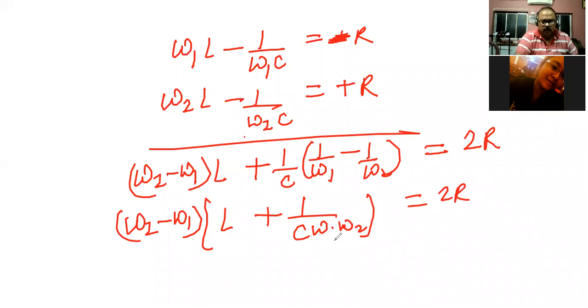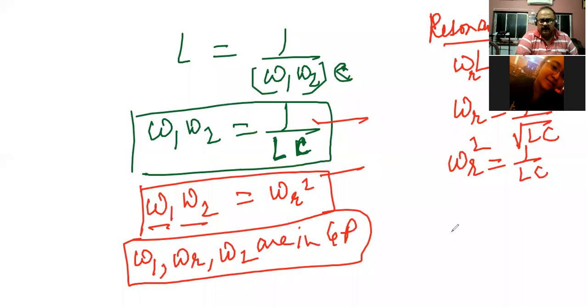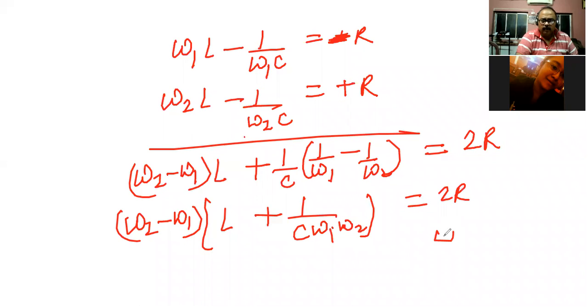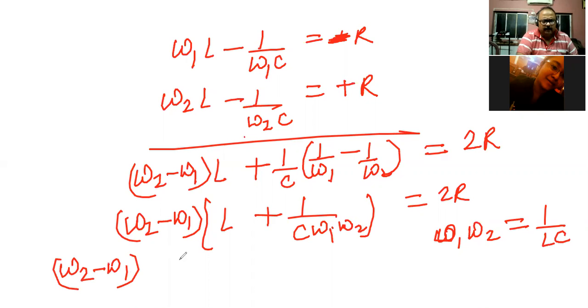Now children, what was omega 1 into omega 2? We have already got over here 1 by LC. So I replace this omega 1 into omega 2 by 1 by LC. So if I replace this over here by omega 2 minus omega 1, and I just replace there by 1 by C into 1 by LC.